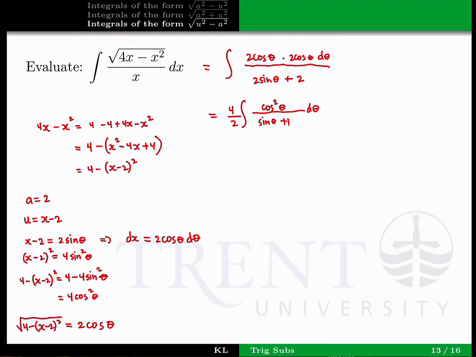You cannot separate addends in the denominator and use the same numerator for both. But the trick here is to convert cosine squared theta. So here, 4 over 2 is just 2. In the numerator, you can write it as 1 minus sine squared theta. The denominator is still sine theta plus 1 d theta.